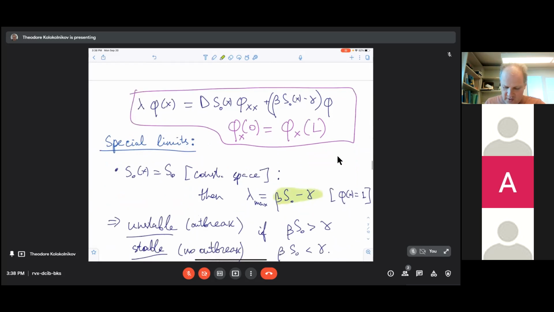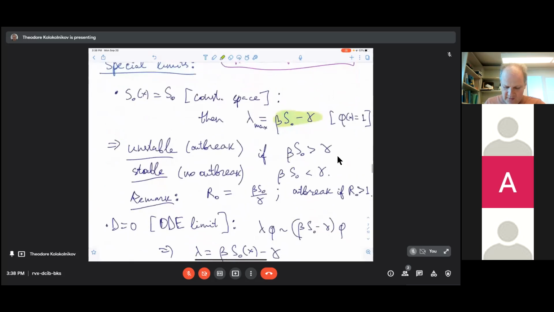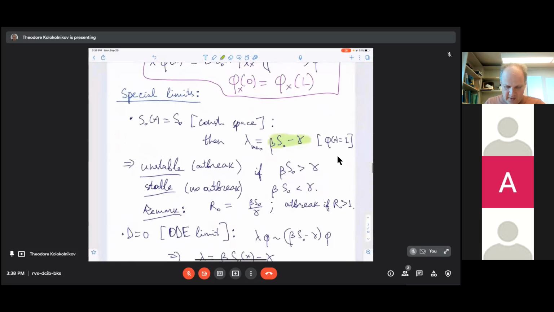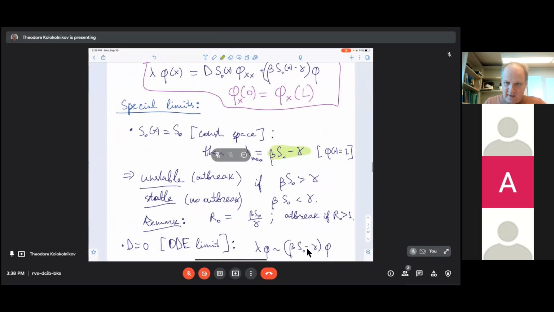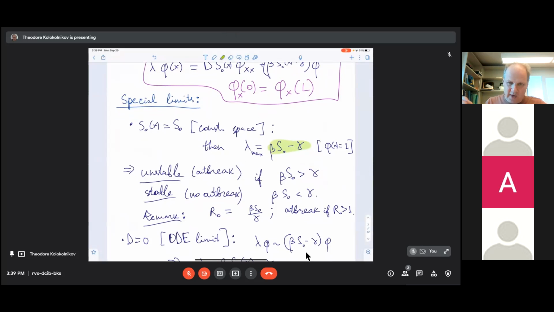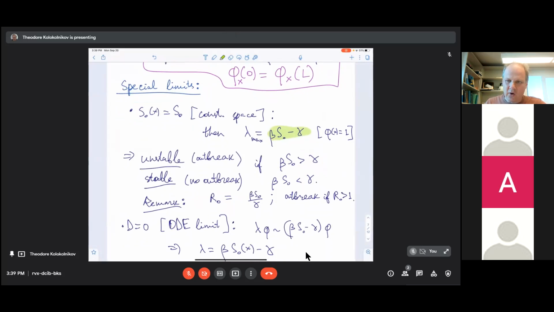And that coincides with just stability of the ODE itself. The other interesting limit is what happens when d is equal to 0. When d is equal to 0, you get the same thing, but now this lambda depends on S0, and that depends on x. So for each point in x, you have a different growth rate, and then stability is to say that growth everywhere is negative.